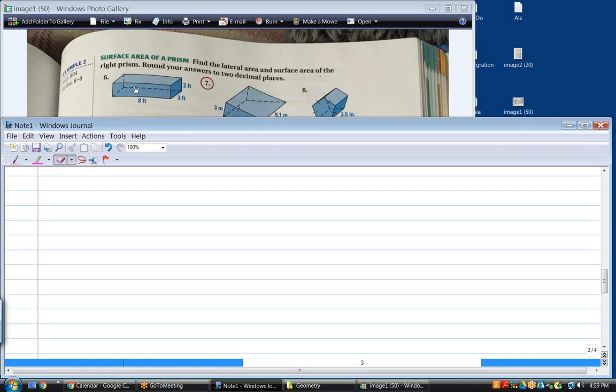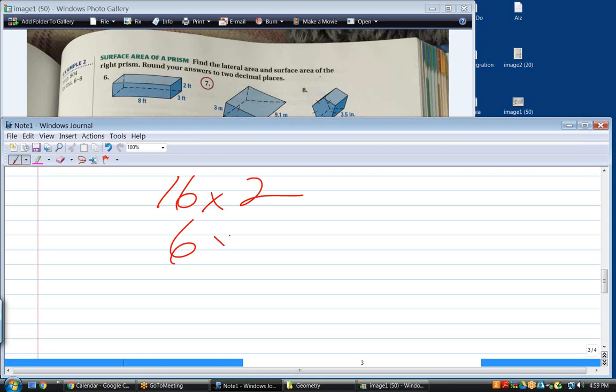So what's the area of this front face? Well, the length is 8 and the height is 2, so the area is 16. Okay, and there's 2 of them, right? Okay. What's the area of this face, the darker blue? That's just 6.